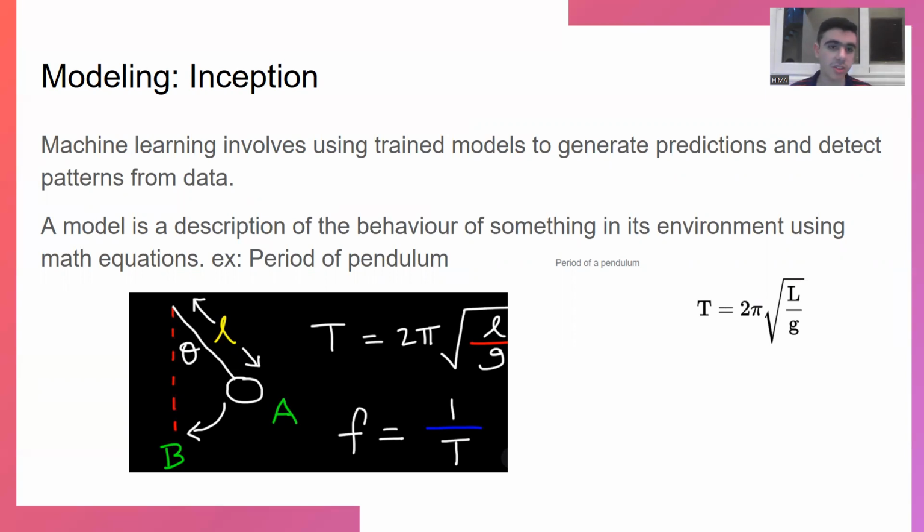So in the past, physicists would see, like, a pendulum, and they would try to understand that pendulum and predict how it will behave. So they would bring some differential equations until they came up with an equation that describes the period of this pendulum. This can be extended to other things in life.